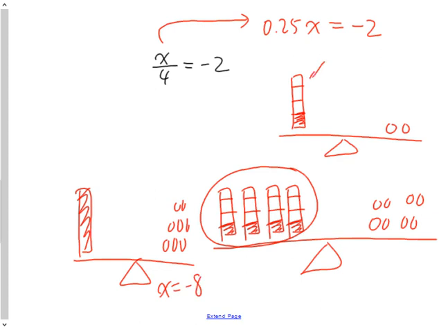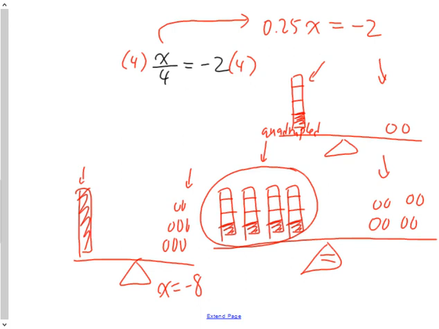Okay, so if a quarter of x equals negative 2, and if I quadruple both sides, it should maintain equality. And x would equal negative 8. That's a lot of drawing to do. Numerically, since we quadrupled each side, we're going to express that mathematically by multiplying both sides by 4.